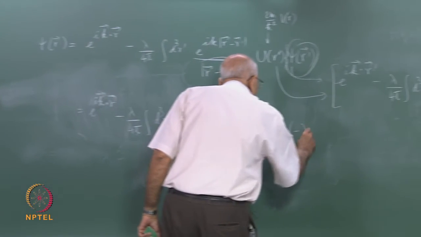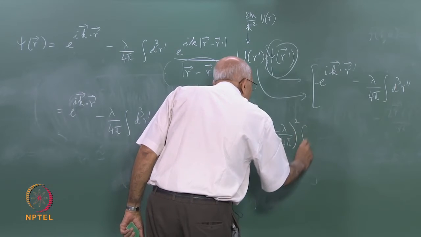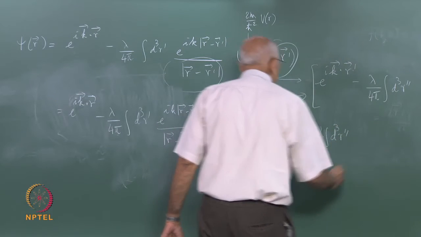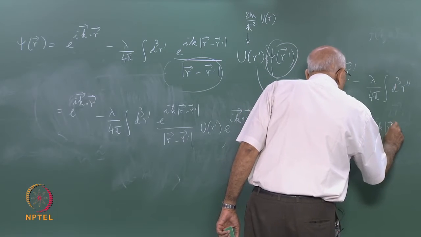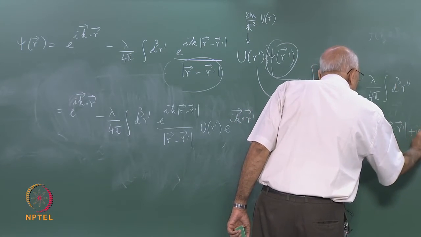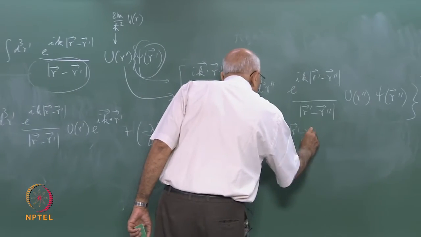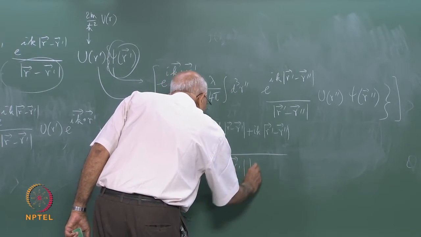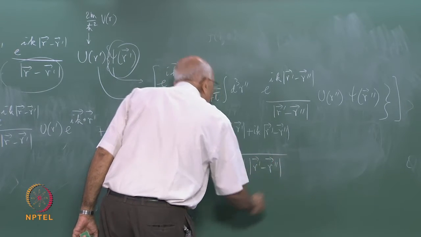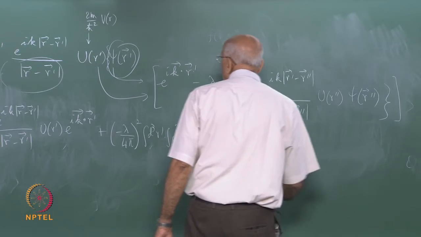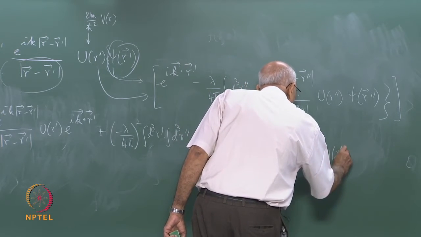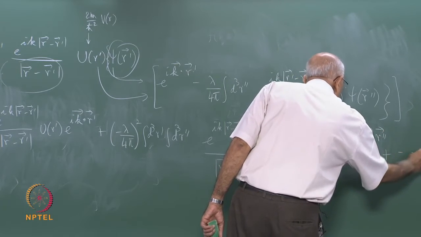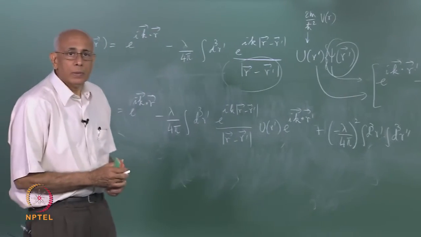So this next term is the whole squared integral d3 r prime integral d3 r double prime e to the I k mod r minus r prime plus I k mod r prime minus r double prime on that side divided by these two guys times u of r prime u of r double prime e to the I k dot r double prime plus dot dot dot, etc. So that is the formal solution.